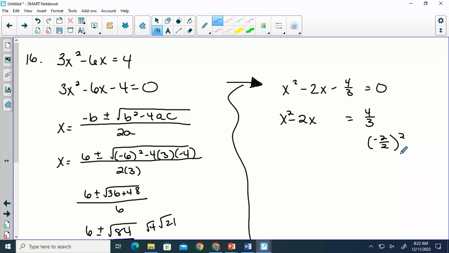So negative 2 divided by 2 is negative 1. Squared is positive 1. So we add 1 to each side. Alright, this is a perfect square. So it would be x. What multiplies to 1 and adds to negative 2? 4/3 plus 1.